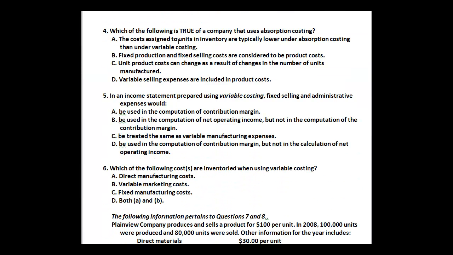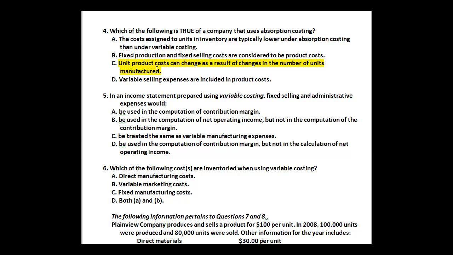Question number 4 says, which of the following is true of a company that uses absorption costing? And your answer is going to be C. Unit product cost can change as a result of changes in the number of units manufactured. That's true, as if we're using absorption costing, we are including the fixed overhead.